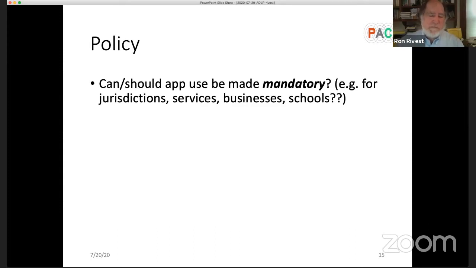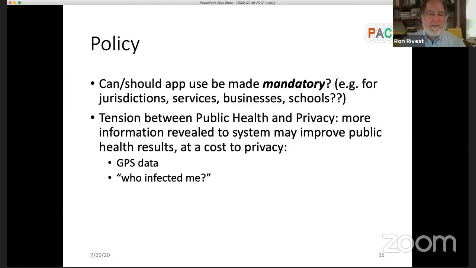Mostly this is even more for symptom checking kinds of apps where you're showing that you haven't had any symptoms recently, because proximity detection has a delay built in. It's not until the infected person tests positive that you actually get notified. But still, you can imagine some kind of mandatory requirement for various kinds of apps relating to COVID-19.